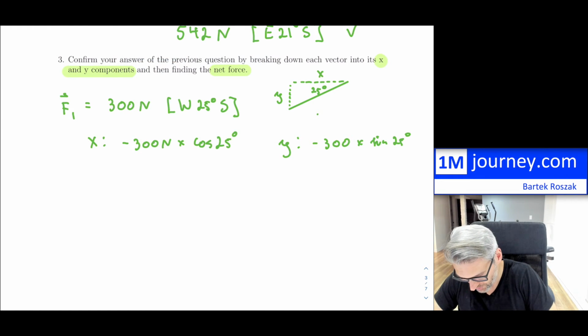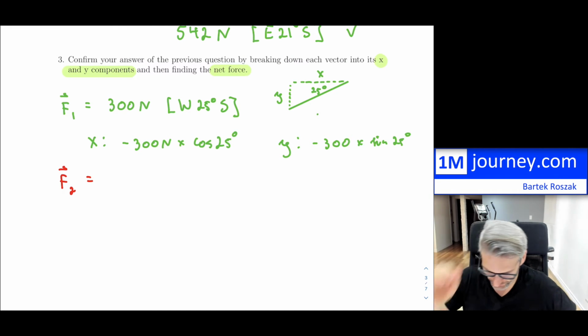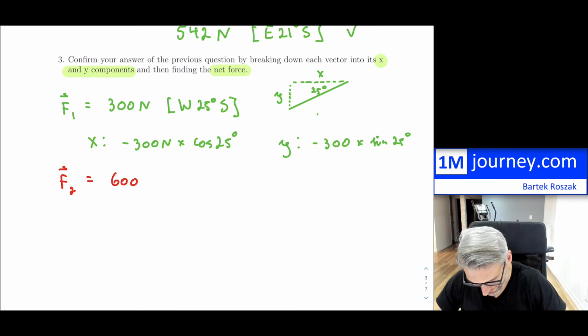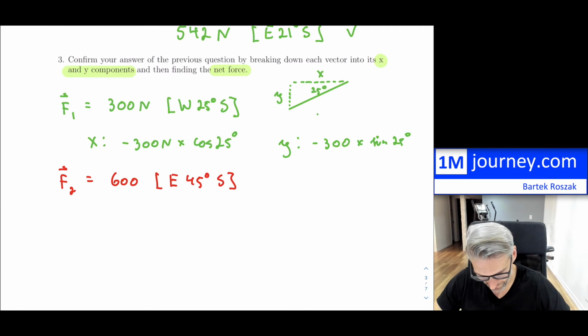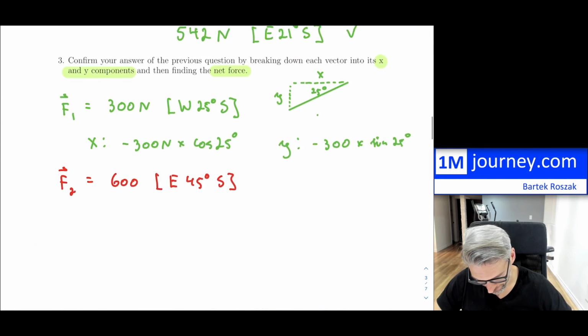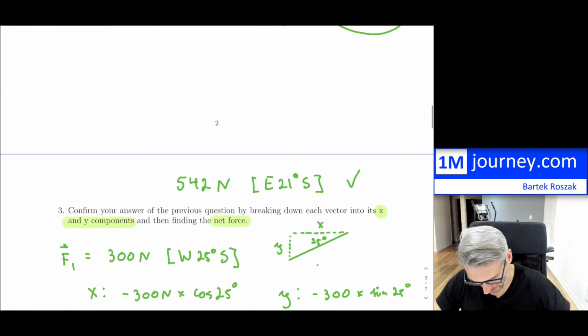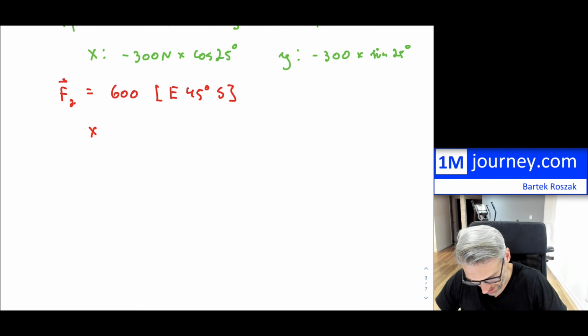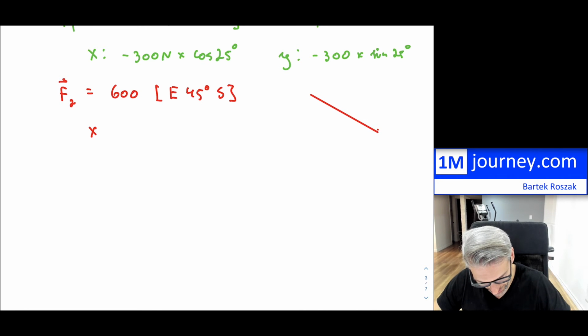Your second one, F2, so let's take a look here. I think I made this one 600, and this one was starting east, 45 degrees south. Yep, okay, so that's this one. Now its X component is like this: that's your X, that's your Y. This is 600, and we have the angle here, 45.